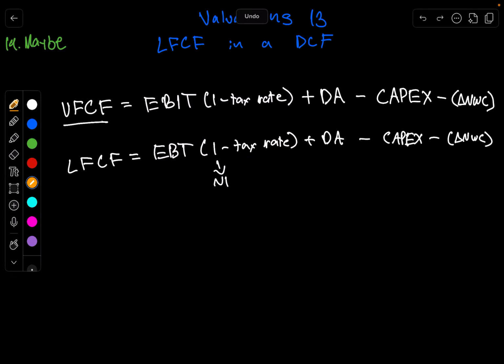Well, that means that in unlevered free cash flow, we are looking at the cash flow that's available to all company holders, right? So this is relevant to our debt, this is relevant to our equity, right?